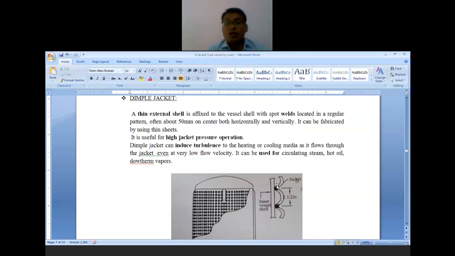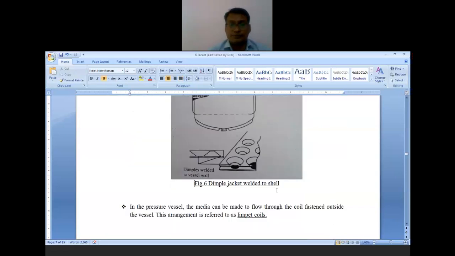Dimple jackets can induce turbulence because these are welded, so the area is decreased; sometimes the area is more, sometimes the area is less, so that creates turbulence which incorporates higher heat transfer coefficients. It can be used for circulating steam, hot oil, Dowtherm vapors.